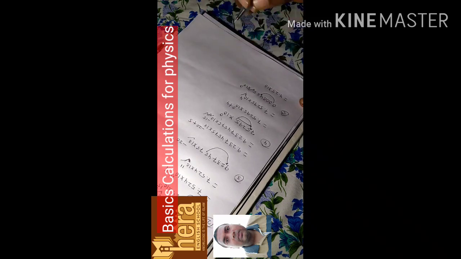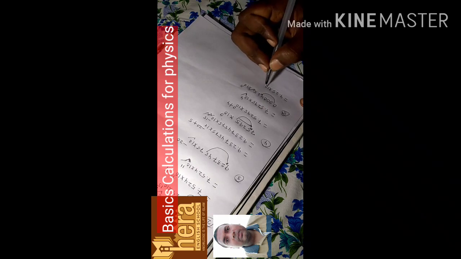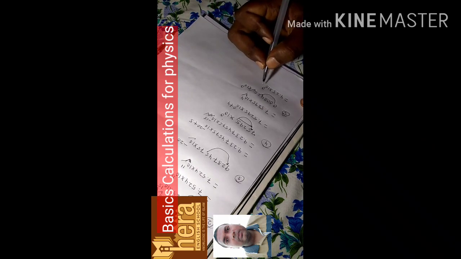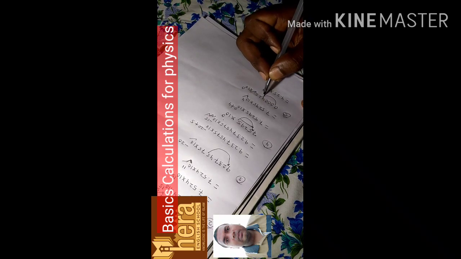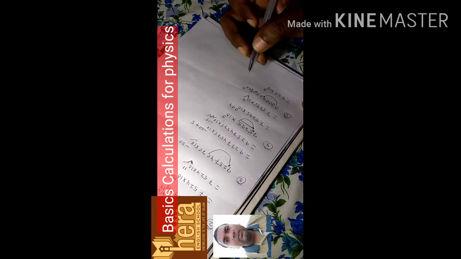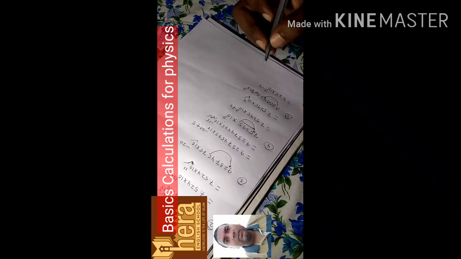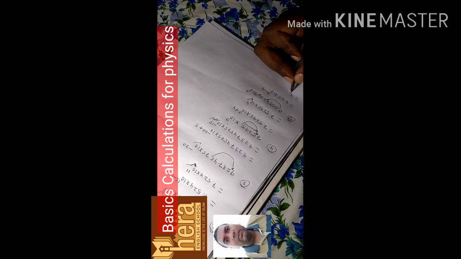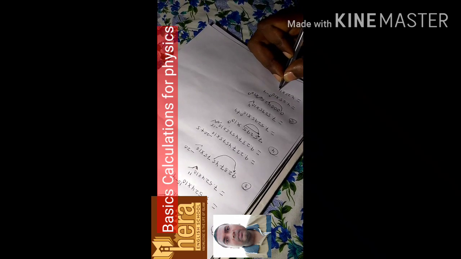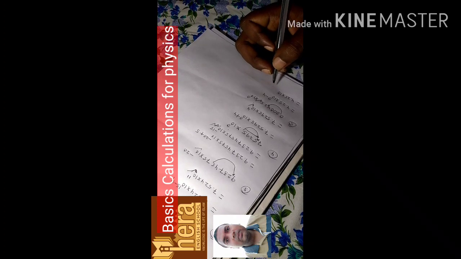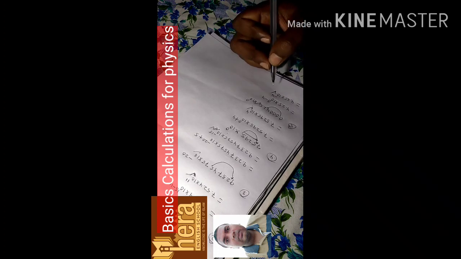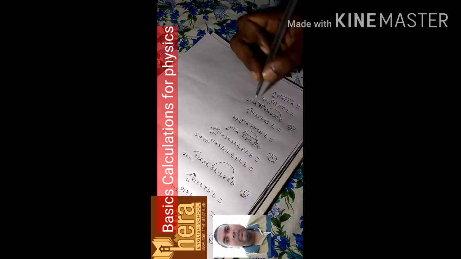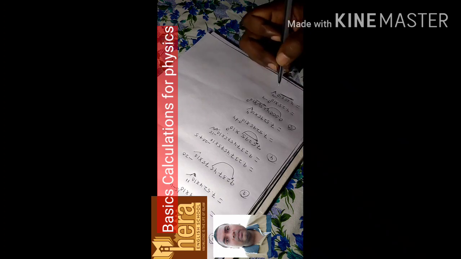You are shifting from left-hand side to right-hand side. How many digits? 1, 2, 3, 4 digits. It means minus 4. 0 minus 4. This will be equal to 4.25 into 10 raised to minus 4. This number is in scientific notation. This number and the original number are both the same, but this one is in scientific notation.